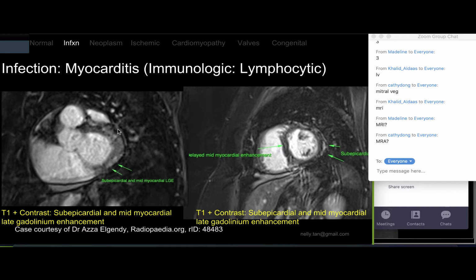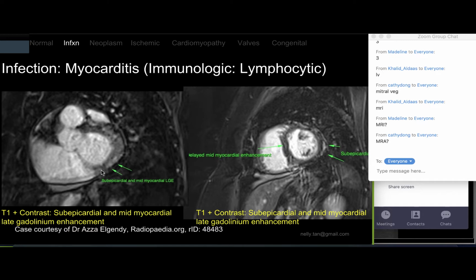So it becomes hyperemic, the signal increases, just like if you had an infection, you would have more blood going to it. Same thing with the myocardium. So normal heart is dark, and when you have contrast, it makes it bright. So that's what we're seeing here. We see the myocardium becoming bright diffusely. So this is what you see with myocarditis.